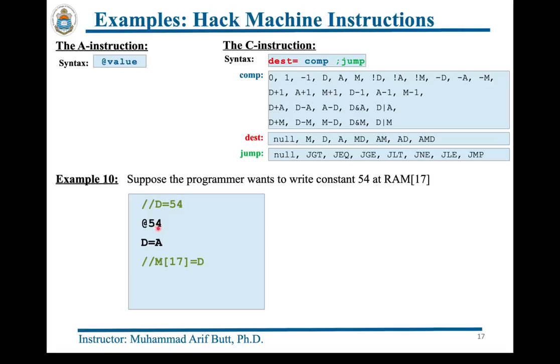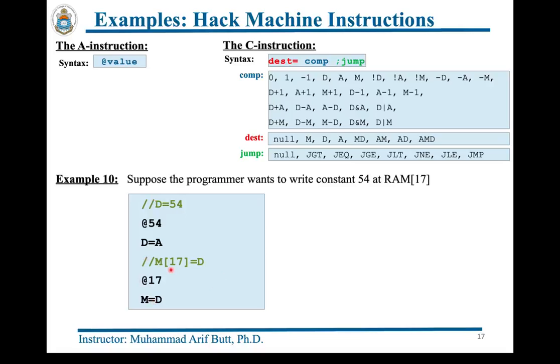We have placed a constant inside the A register using the A instruction, and then we have used the C instruction in which the destination is D and the computation is A. And to write the memory location, once again we need to place the address 17 inside the A register using the A instruction, and then we have used the C instruction that performed this task.